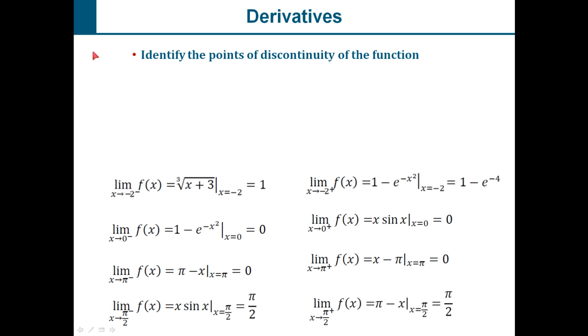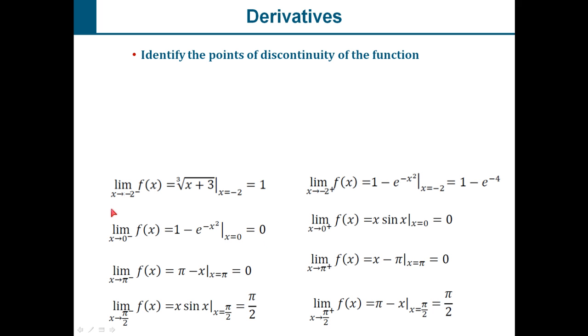Let's summarize what we have obtained. The left and right limits in 0 are the same, as well as the left and right limits in pi and in pi over 2.